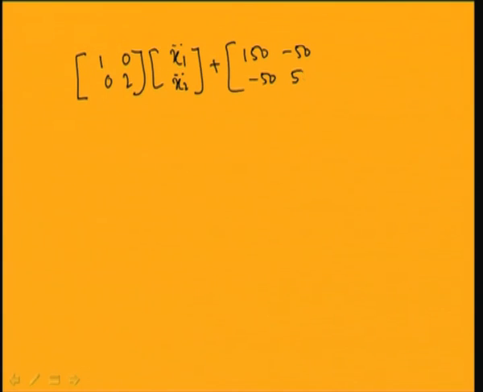The equation of motion becomes the matrix 1 0, 0 2 times x1 double dot, x2 double dot, plus the matrix 150, minus 50, minus 50, 50 times x1, x2, equal to 0, 0. In this case you can observe that the system is dynamically uncoupled but statically coupled.